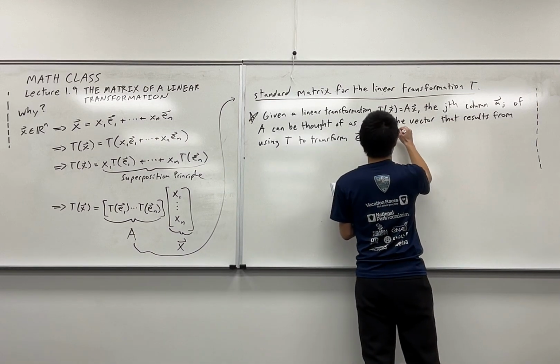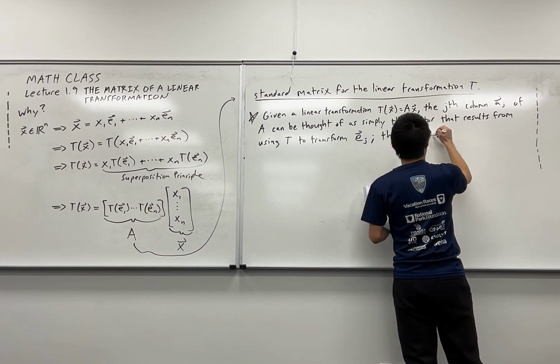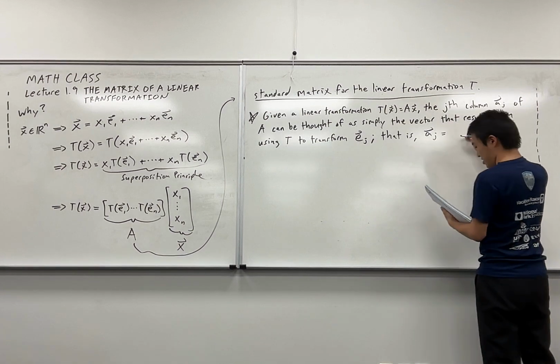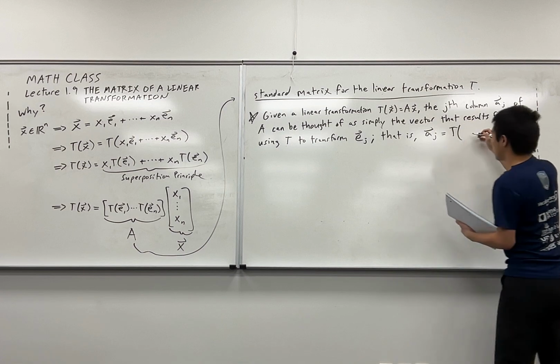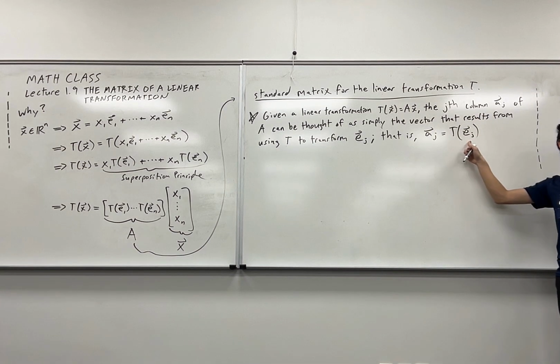That is aj, so the jth column vector is the same thing as if I use my transformation to transform this vector. Okay?